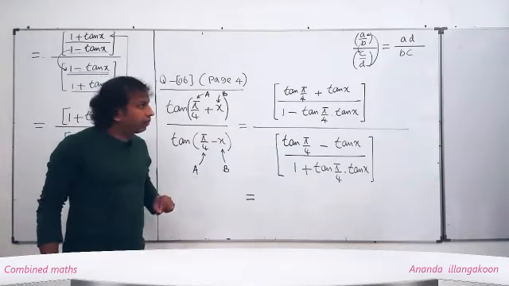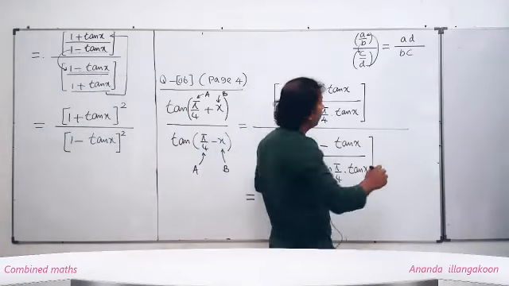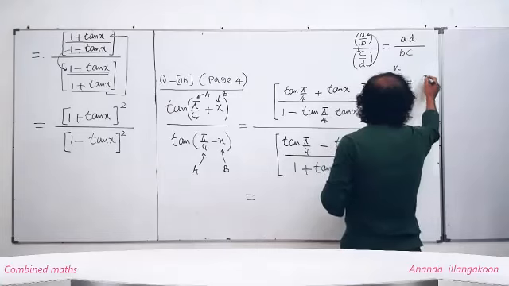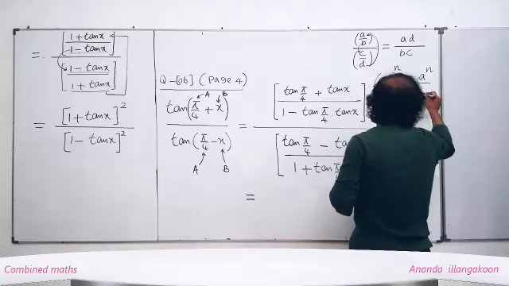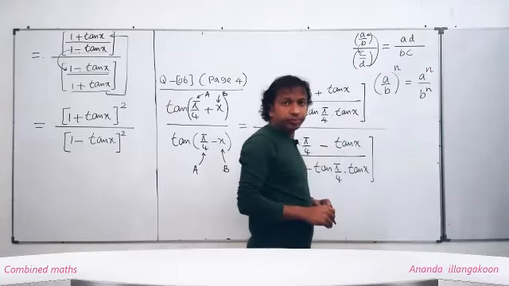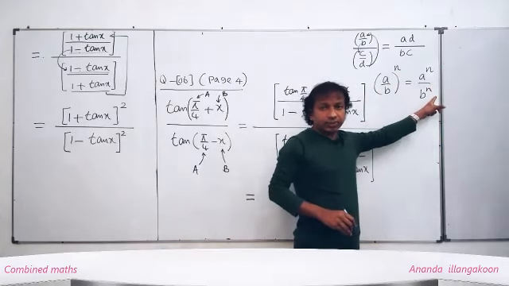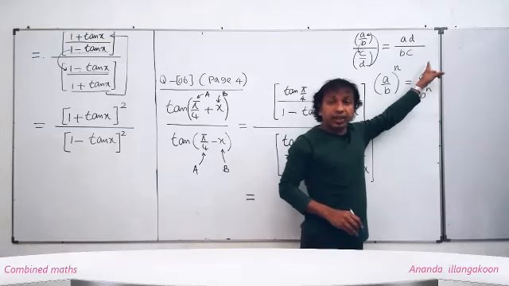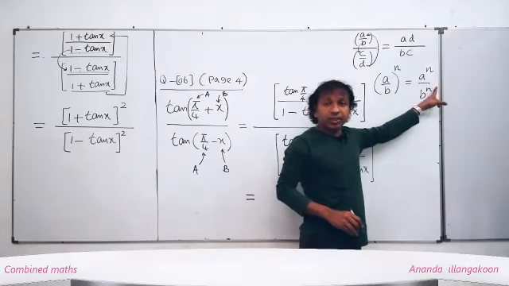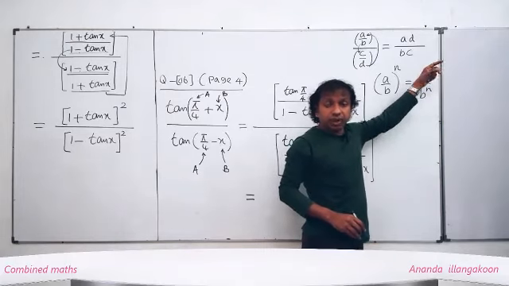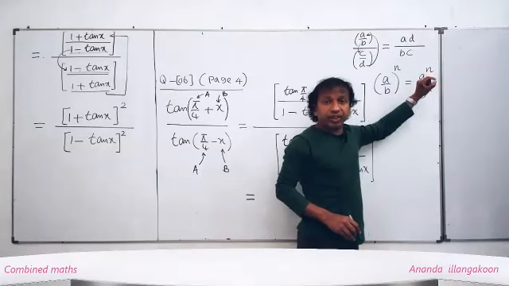Now, people, we learned that in indices. When we have (a by b) to the power n, how to write this one? a to the power n divided by b to the power n, no? If you have on the left hand side like this, that can be written down like this. Then what is the converse? If you have something like this, n and n the powers, then taking this a and b into a bracket, outside of the bracket we can put only one n.